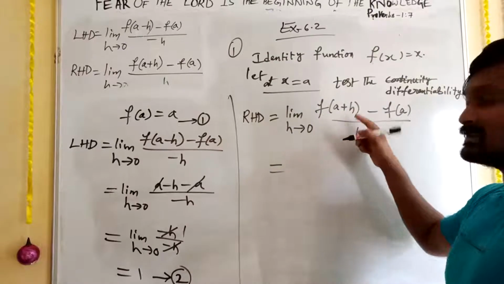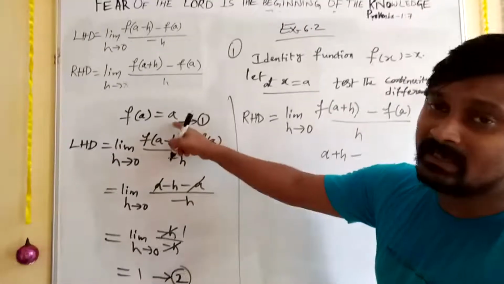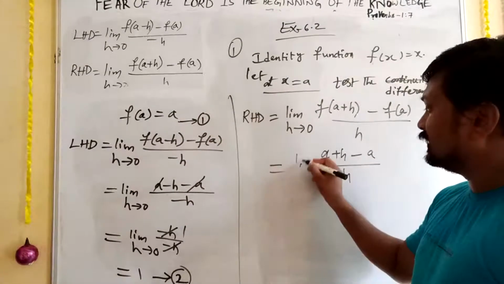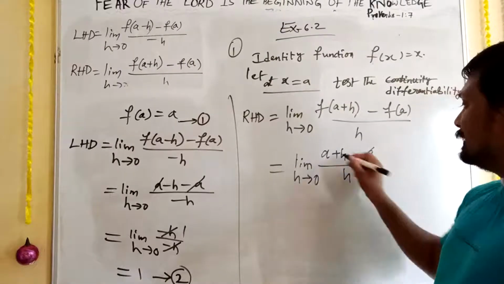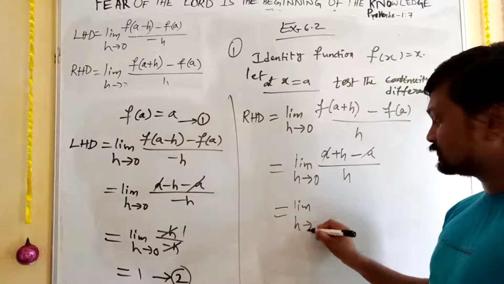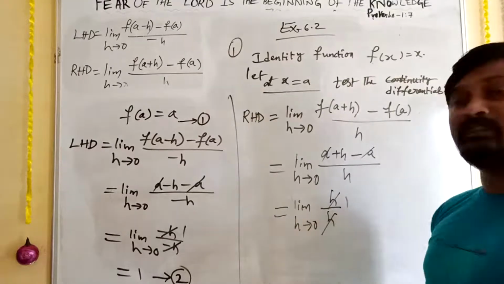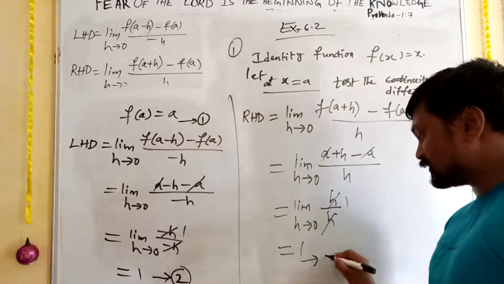So a plus h minus f of a, which is a, upon h. A minus a get cancelled. Limit h tends to 0, h upon h means 1. So limit h tends to 0 of 1 is 1. That is equation number 3.